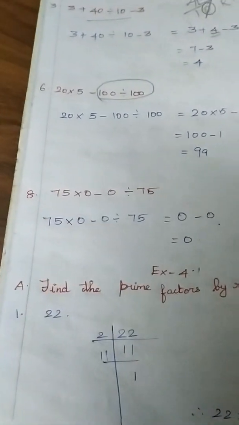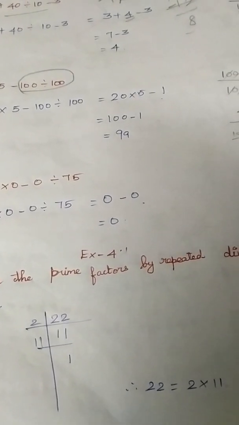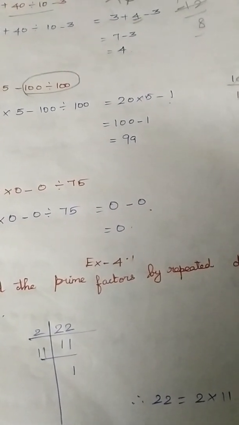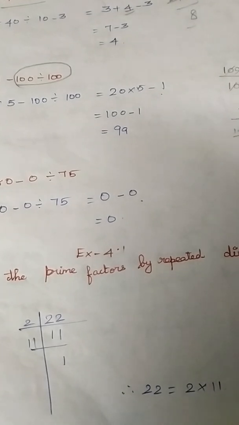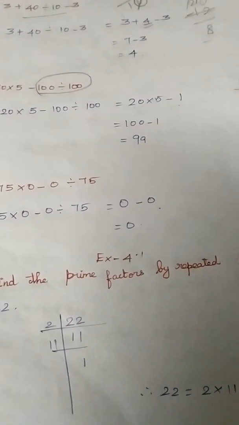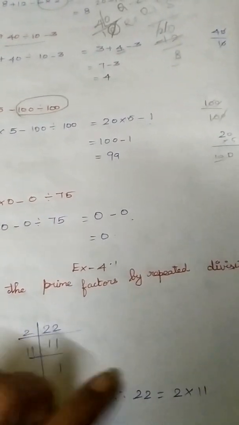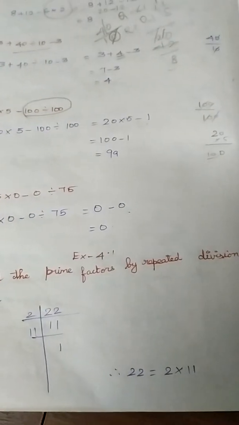Your first question, 22. We have to do it by the division method. We have to start with the smallest prime number. 2 is the smallest prime number, so we are going to start with 2. In the 2 table, 22 will come 11 times. 1 2 is 2, 1 2 is 2, so it is 11 times.